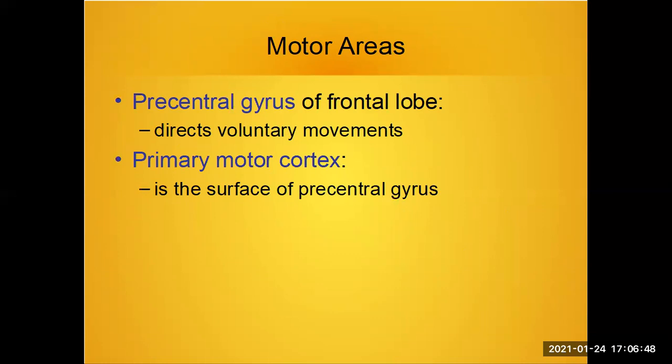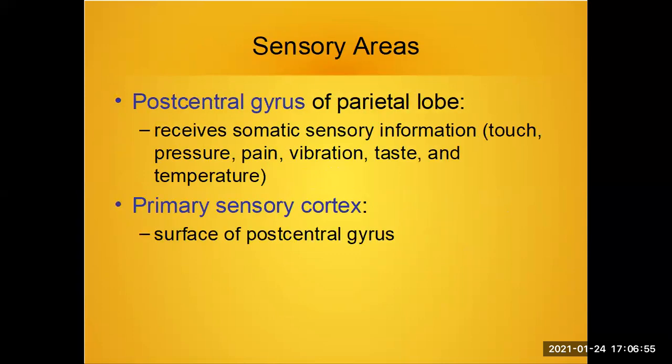Primary motor cortex is the surface of the precentral gyrus. Postcentral gyrus of the parietal lobe receives somatic sensory information: touch, pressure, pain, vibration, taste, and temperature. Primary sensory cortex, surface of the postcentral gyrus.